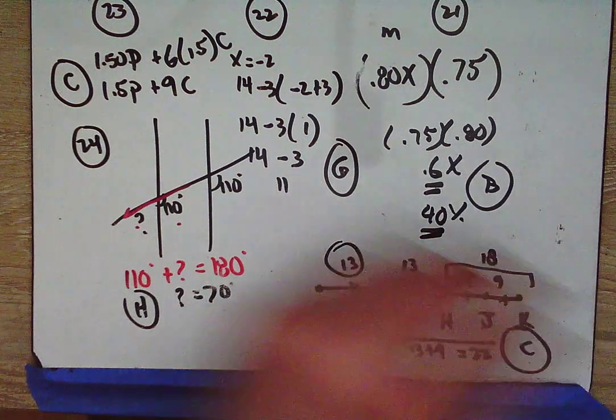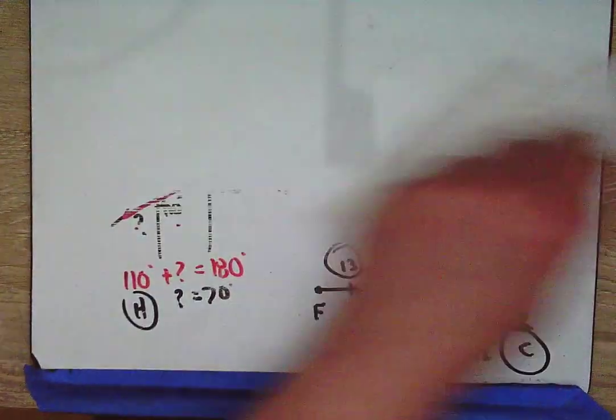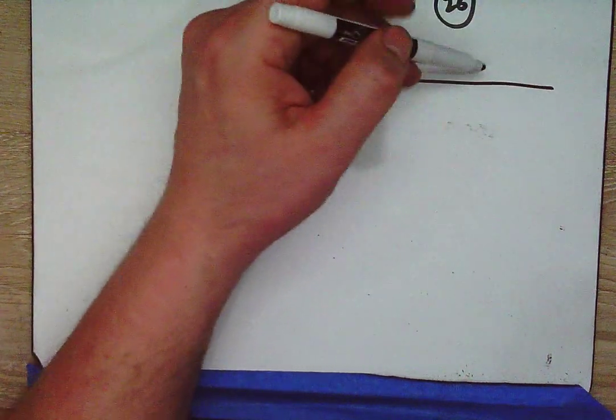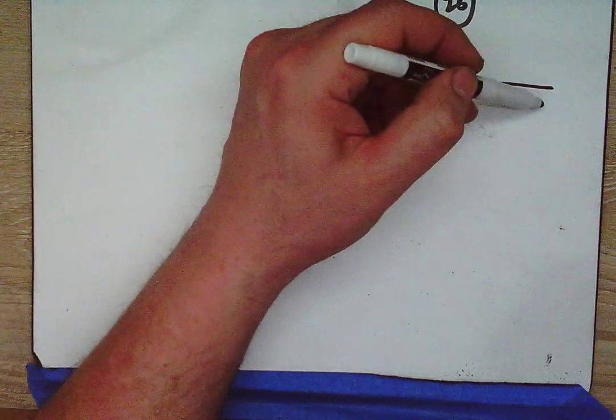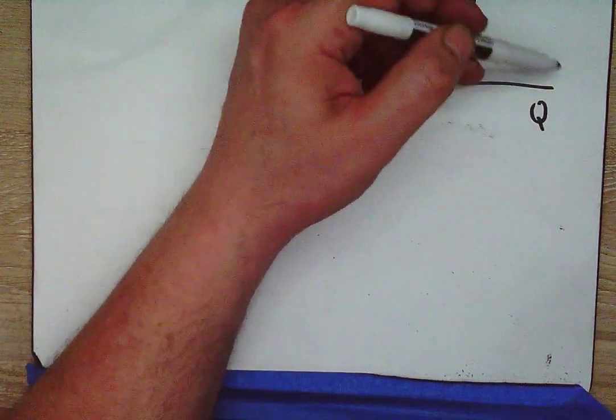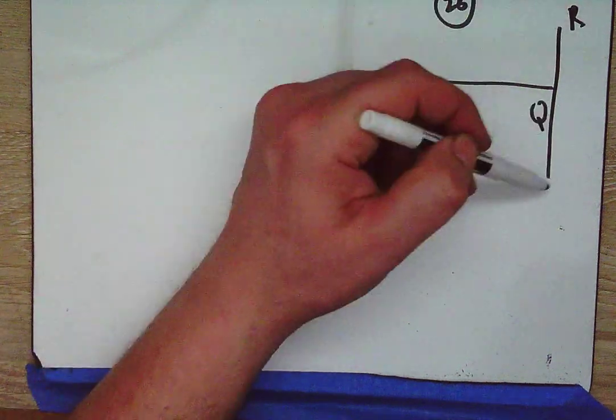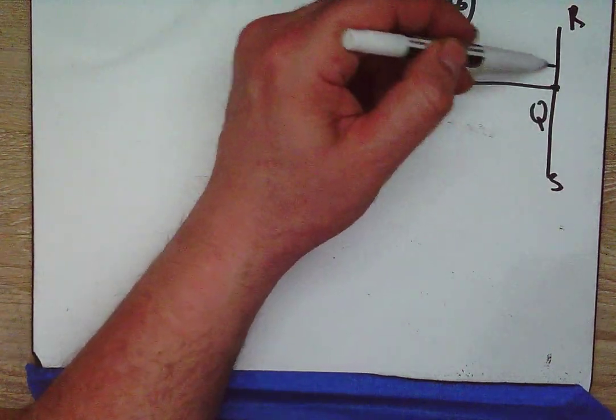Okay, last page. For number 26, problem says PQ is perpendicular to RS. Okay. PQ, RS, perpendicular.